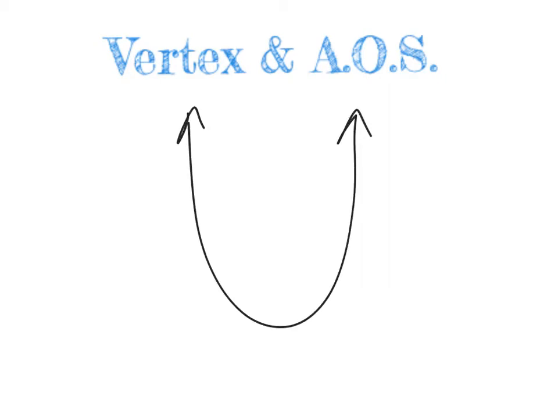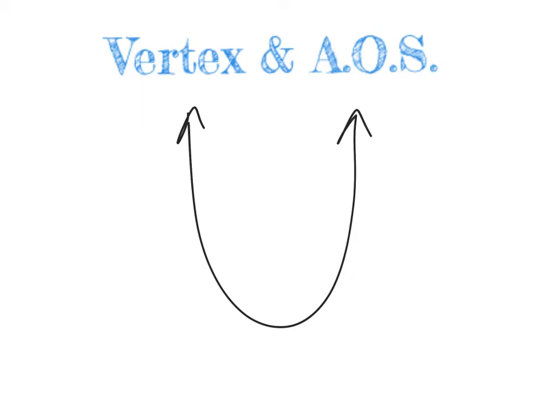The vertex and the axis of symmetry. The reason I put these two together is because they go hand in hand. If I draw a parabola, this could be pointing up or pointing down, it doesn't really change.